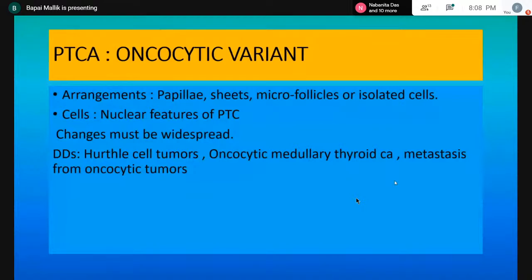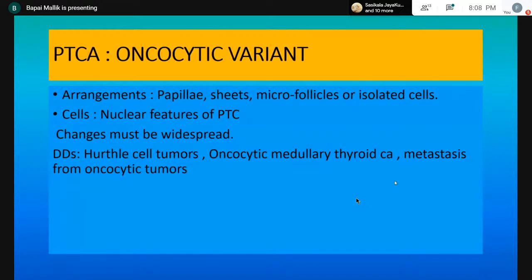Next, this is a papillary thyroid carcinoma oncocytic variant. Here, the cells are arranged in papillae, sheets, microfollicles, or isolated cells. The nuclear features are those of papillary thyroid carcinoma, and that is why in FNAC you call them papillary thyroid carcinoma, or else you would possibly go and call them Hürthle cell neoplasm, right?